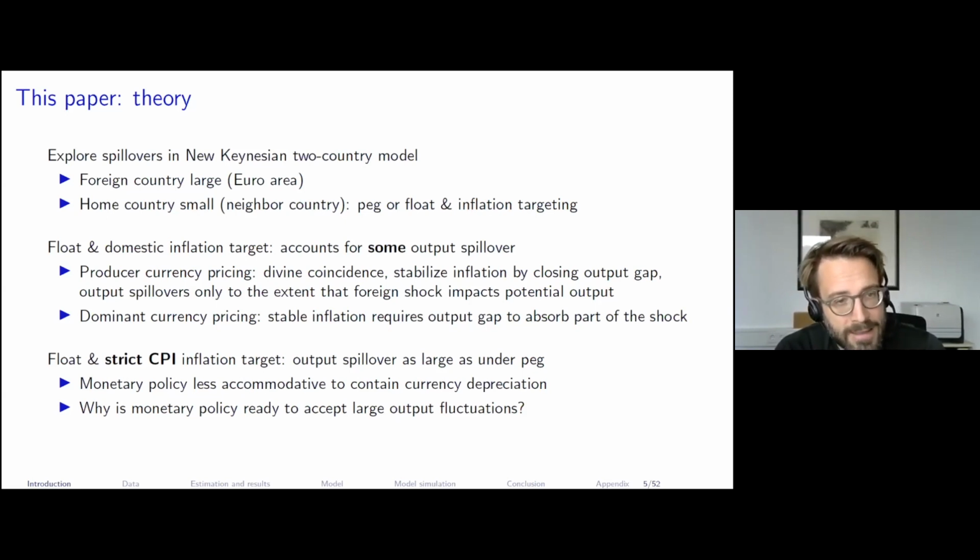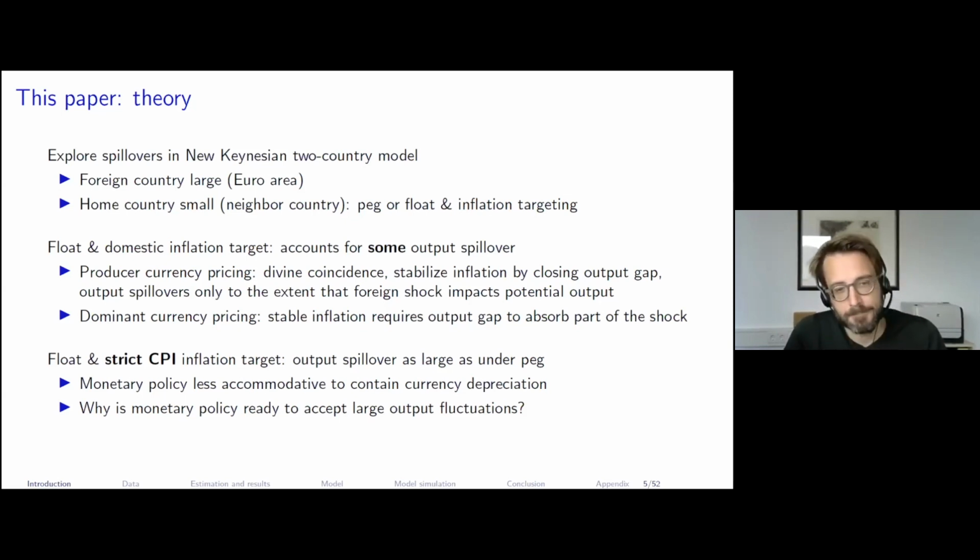And we find there is some role here for dominant currency pricing in accounting for these spillovers, but that role is quantitatively quite moderate. So in a final step, we look at what happens when we assume that these neighbor countries operate a float, but at the same time target the CPI rather than domestic inflation.